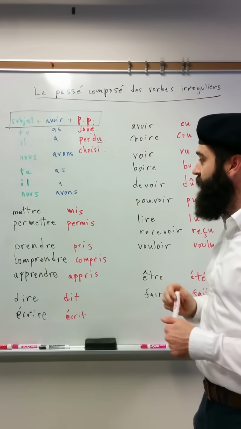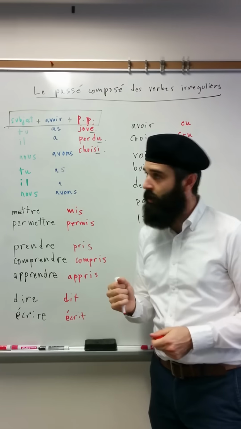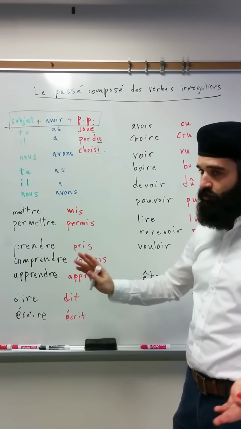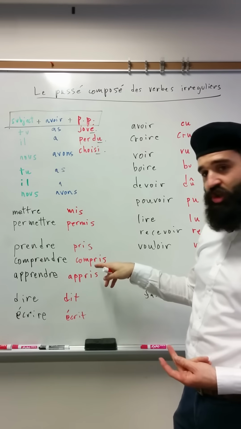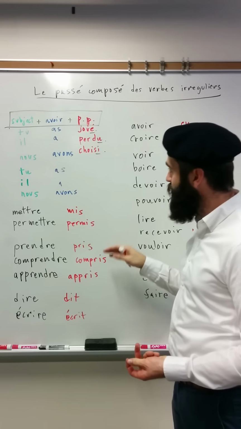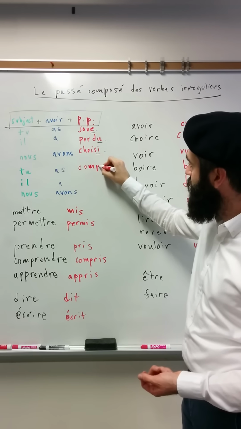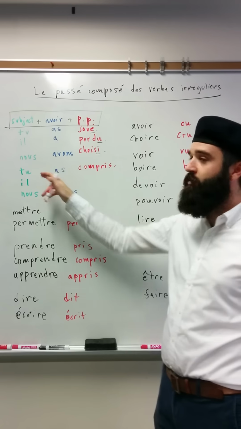So if I wanted to say, you understood for this one, I know that comprendre, of course, means to understand. So I look down here and I look at the past participle of comprendre is compris. So it's tu as compris.